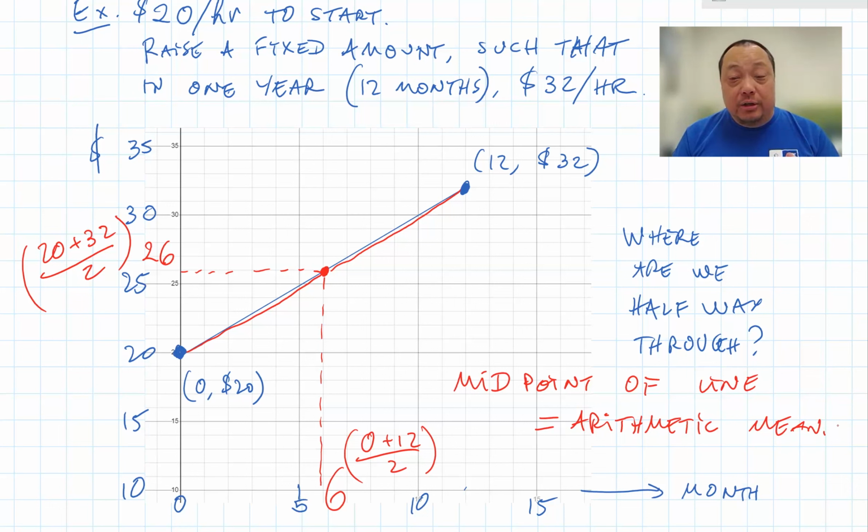You may recall from algebra that that's how you learn the midpoint formula. You go x1 plus x2 divided by 2, y1 plus y2 divided by 2. That's the significance of the arithmetic mean. Now, let's talk about the geometric mean.